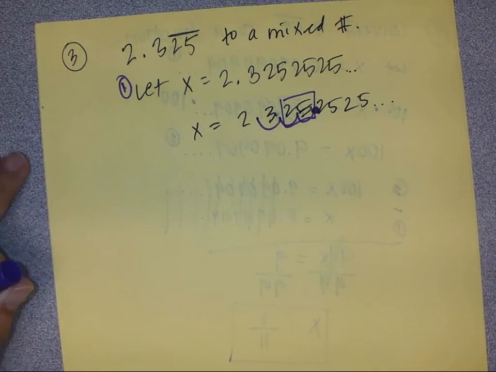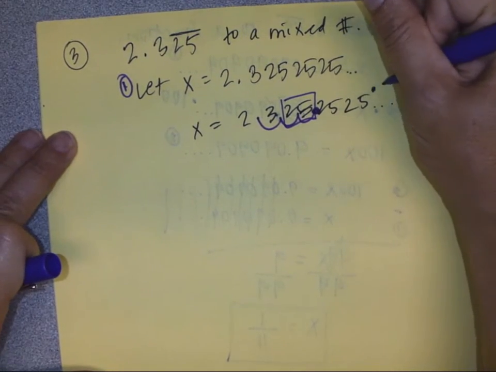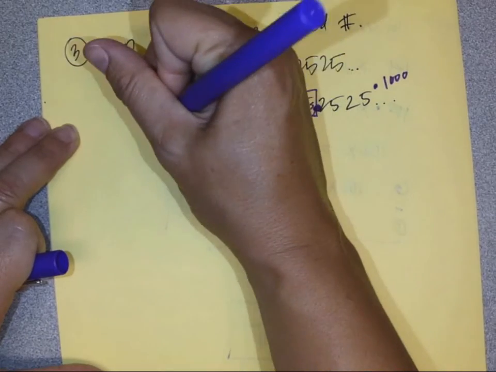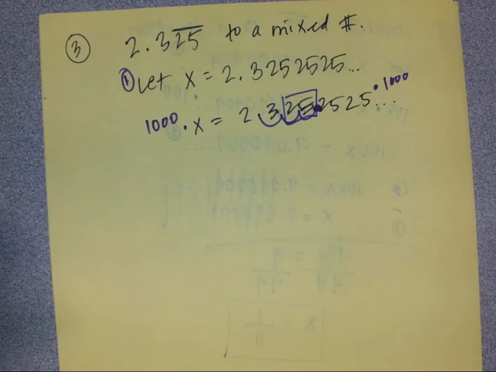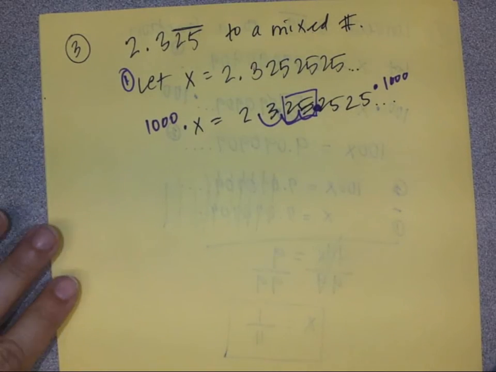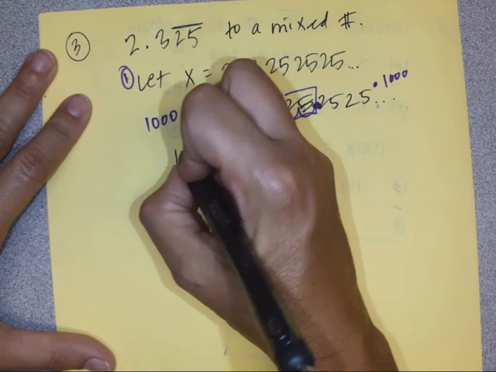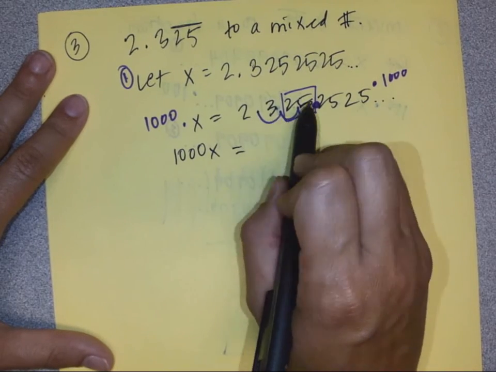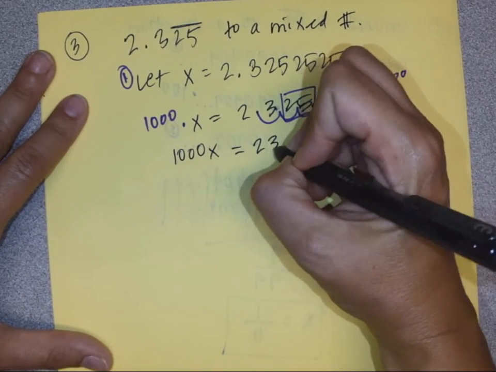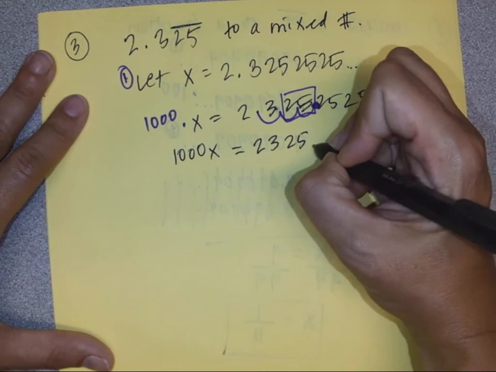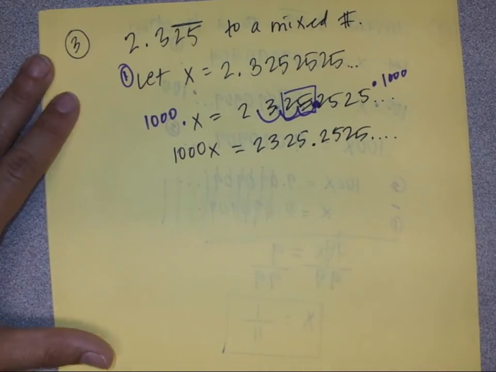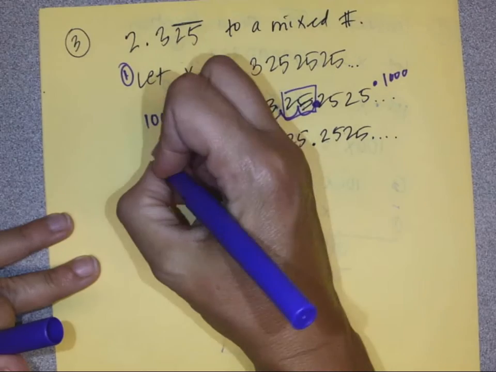To move the decimal over 3 places, we have to multiply by a number with 3 zeros at the end, 1,000. So this equation now is 1,000x equals 2325.2525, so on and so forth. That's equation number 2.